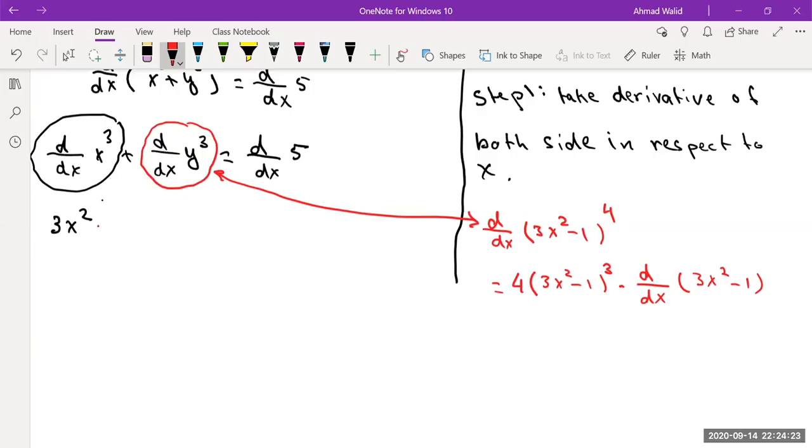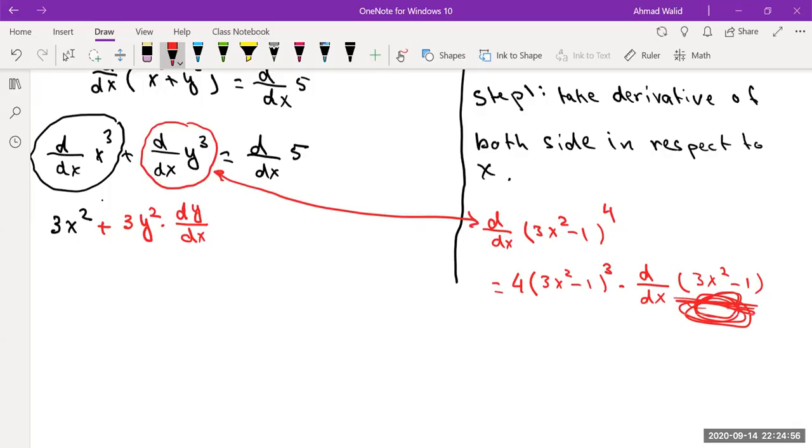I'll take the derivative of outside, which gives me 3y squared, times, instead of derivative of inside, because it's y, I will just write dy dx. Because here it's easy, I know what is the derivative of inside, right? But here, because it's y, I'll just keep dy dx.